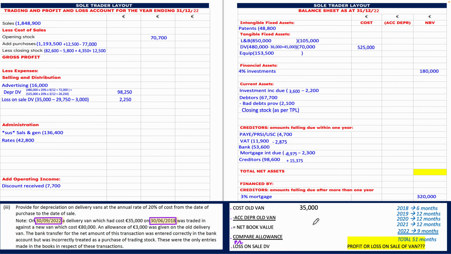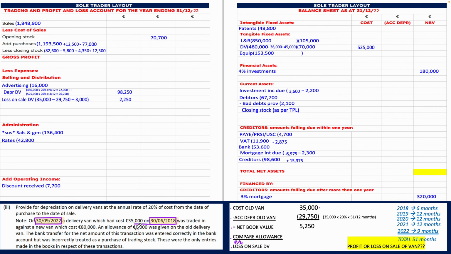So to work out the profit or loss, we have the cost of the old van, which is 35. We take away the accumulated depreciation. So 35,000 multiplied by 20% multiplied by 51 over 12 months gives us 29,750 euro, and then that gives us a net book value of 5,250. We will compare that then to the allowance.